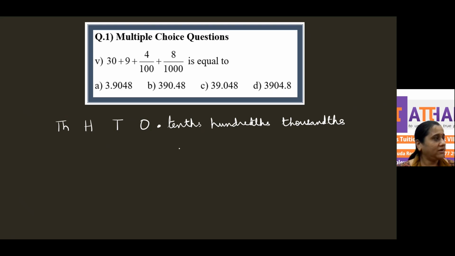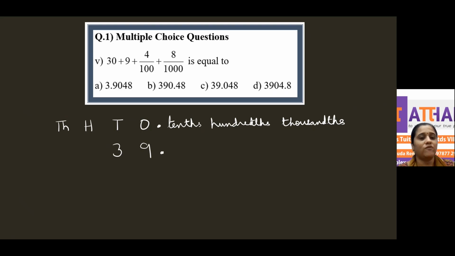All right. Now, 9 is in the ones place. And what is in the tens place? 30. That means 3 tens. You should not write 30. 30 means 3 tens. So in the tens place you should write 3. 9 means 9 ones. So in the ones place you should write 9.